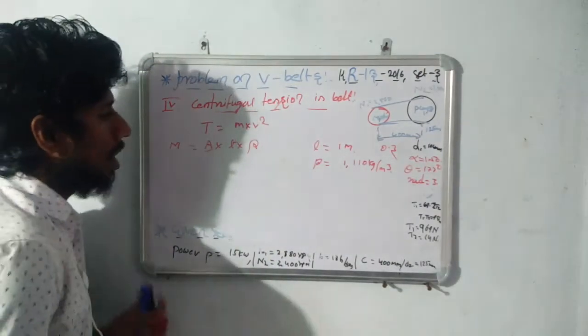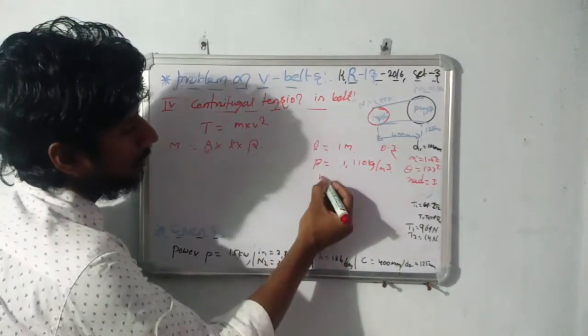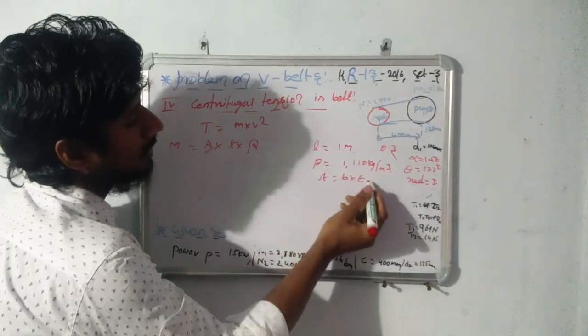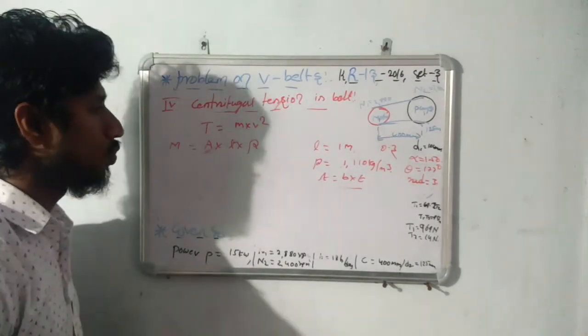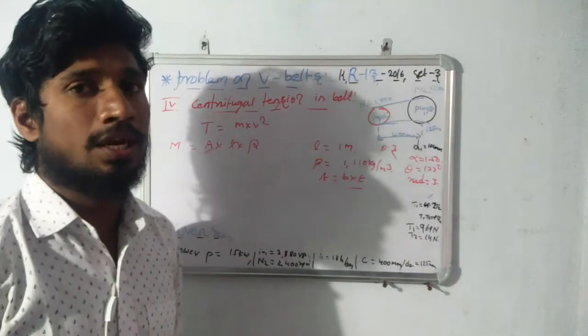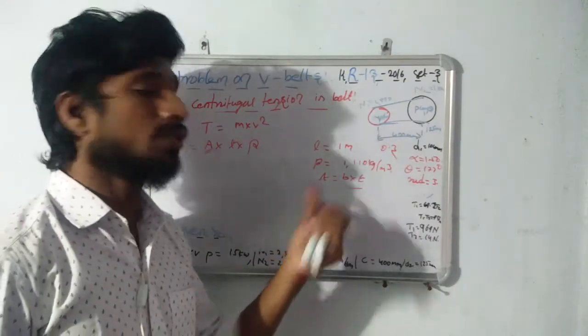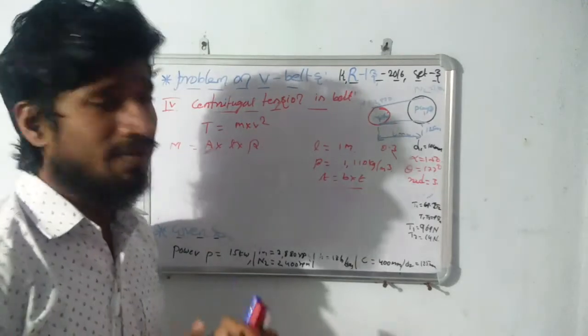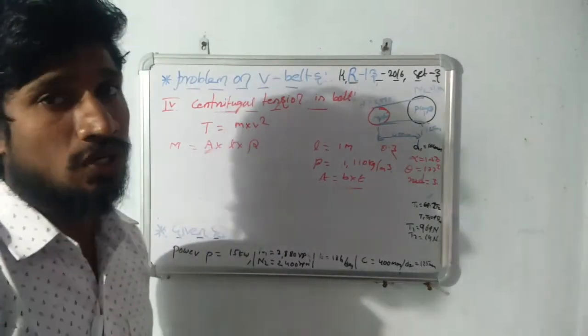And next, how we are going to find out the area? That area is width into thickness. We don't know these two values. For that purpose, we prefer the design data book to consider these two values with the help of given problem considerations.